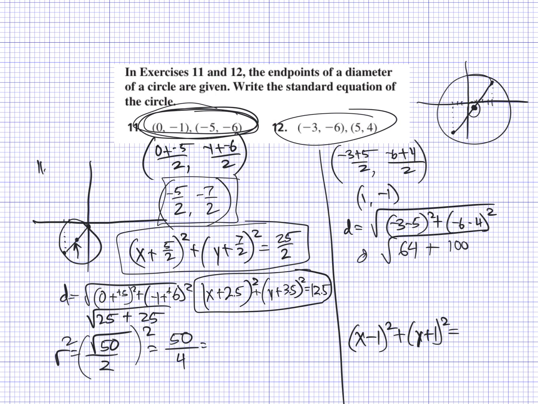So our diameter is the square root of 164, which we have to divide by 2 to get the radius. Then we want r squared, so we square that. So that's 164 over 4, and 164 divided by 4 is 41. That's your r squared.